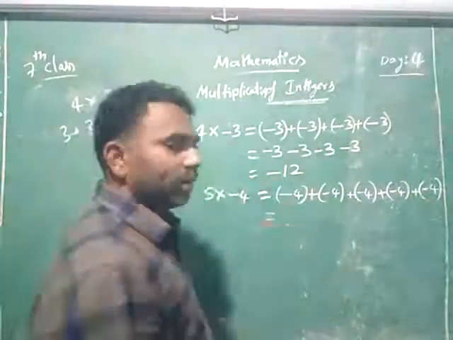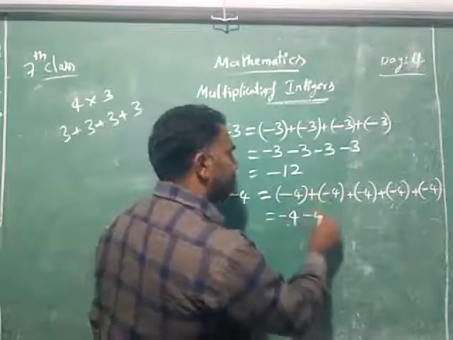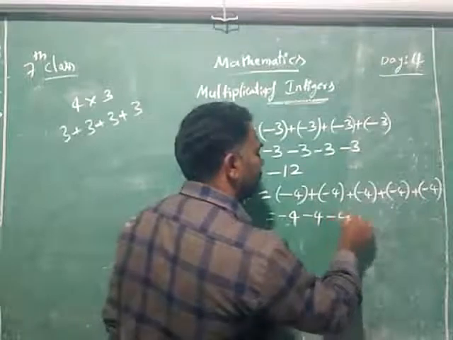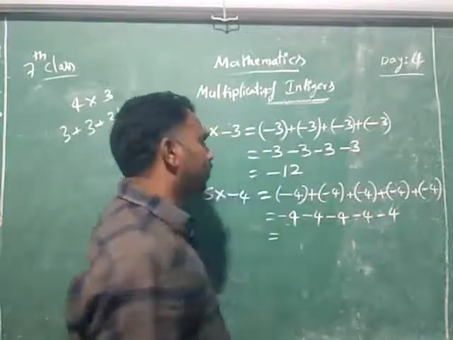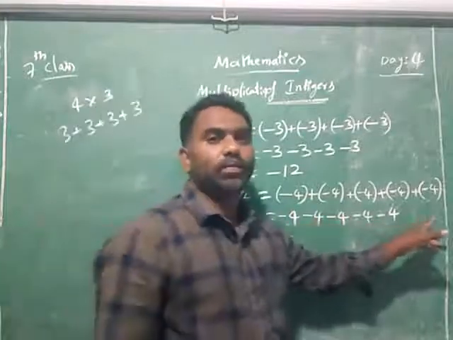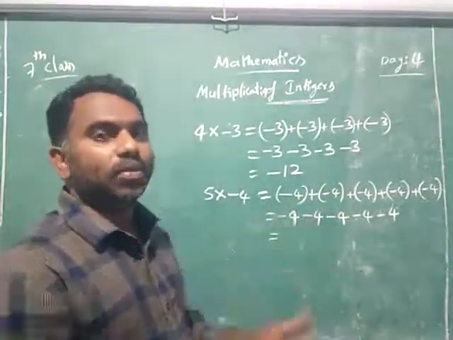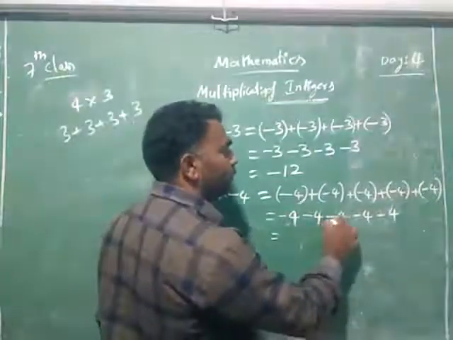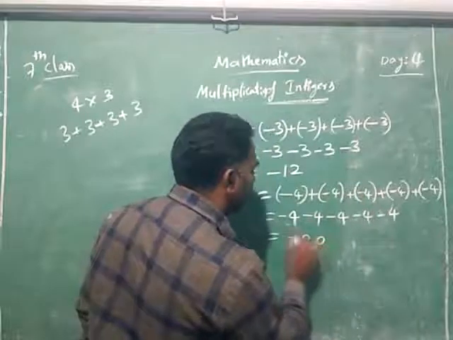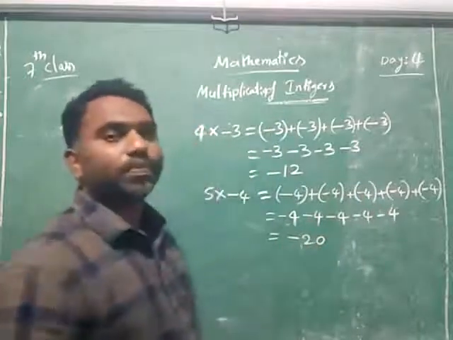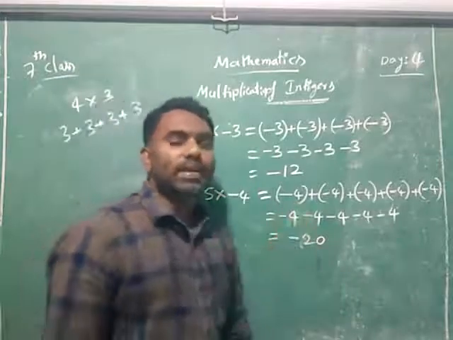We remove the brackets: plus and minus become minus, plus and minus become minus. We observe that all are negatives only. So we add and keep the negative symbol. 4, 4, 4, 4, 4 together make 20, and the symbol is minus. So this is the way of multiplication of integers.